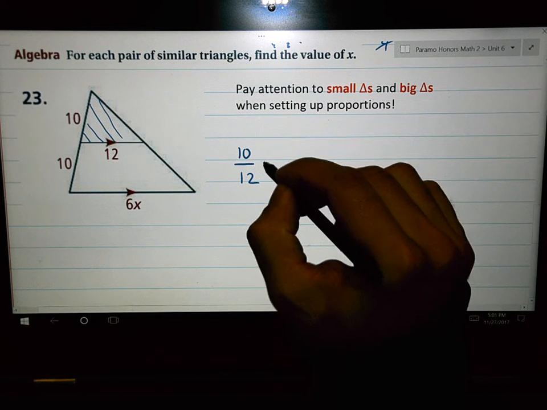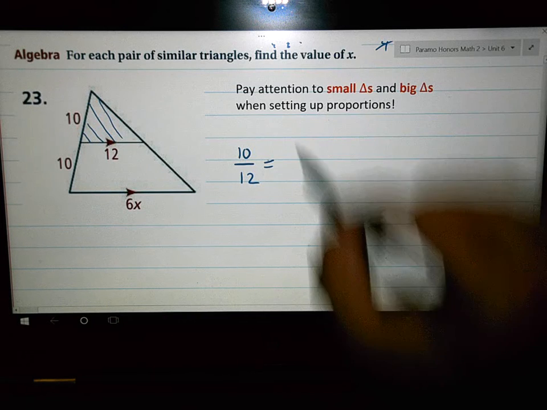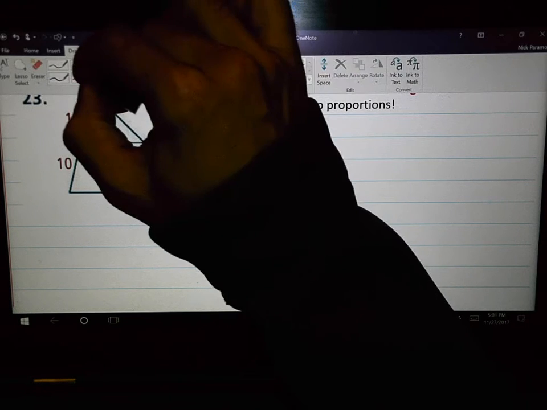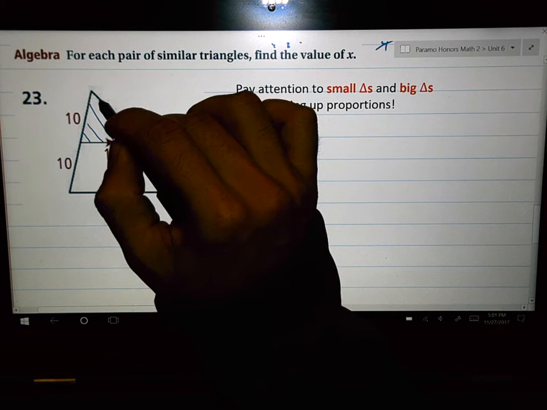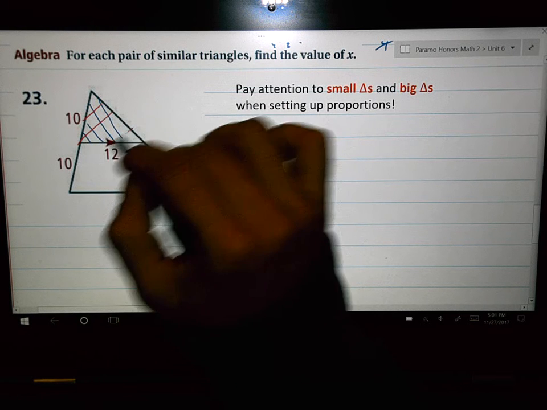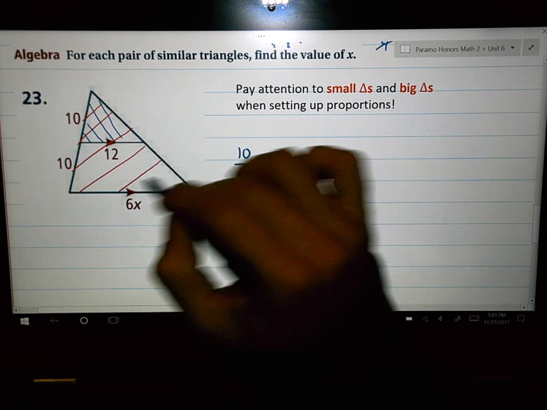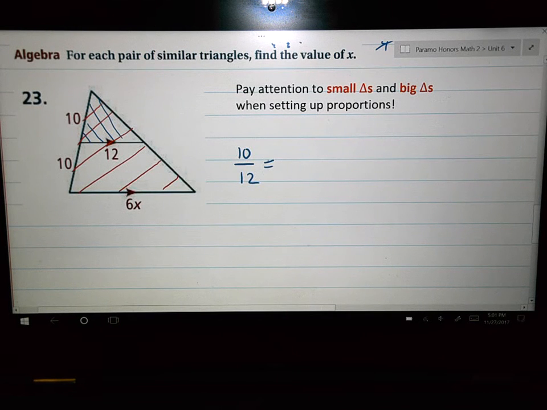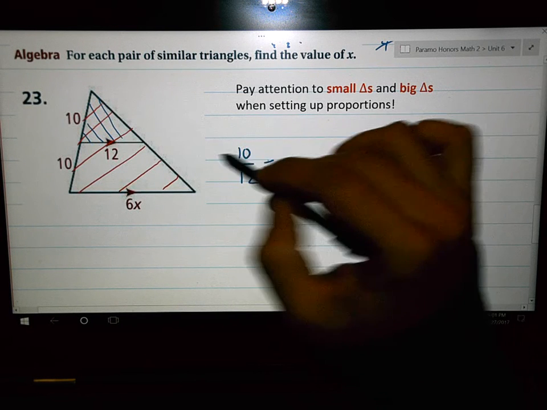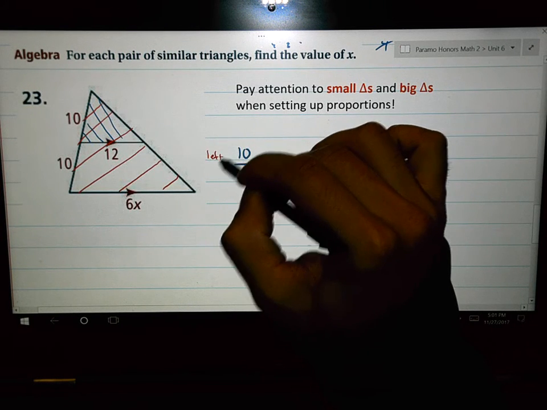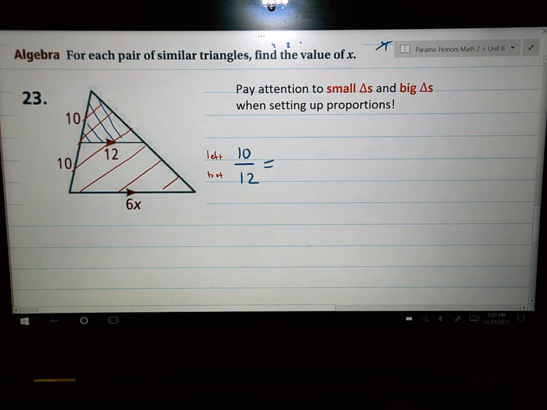Then if I'm setting up my proportion, and I'm looking at the big triangle, I'll call this one the red triangle, as I colored it in red right there. I went left side over the bottom. I need the left side over the bottom. What's the left side over here?